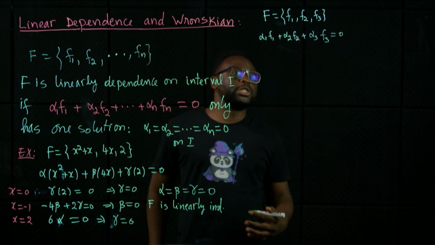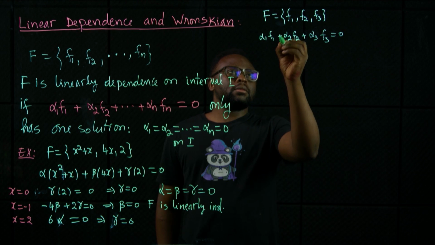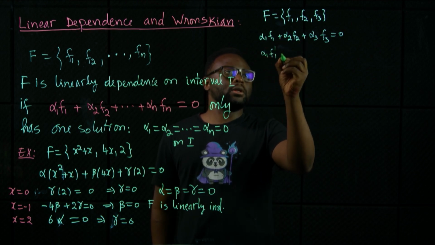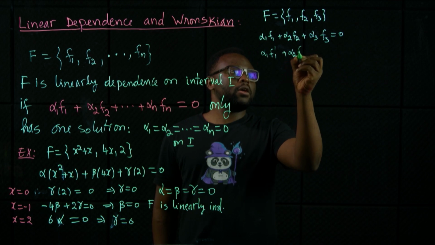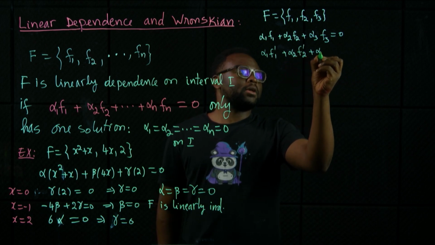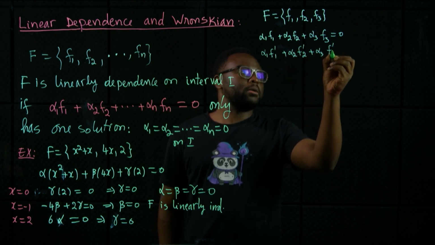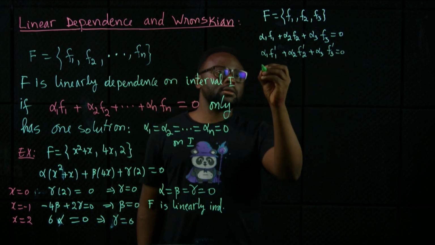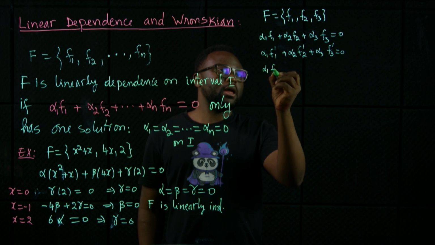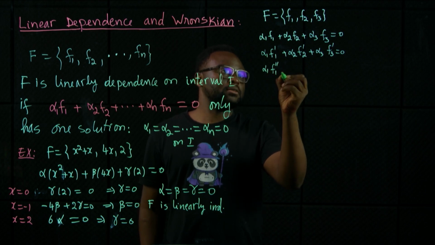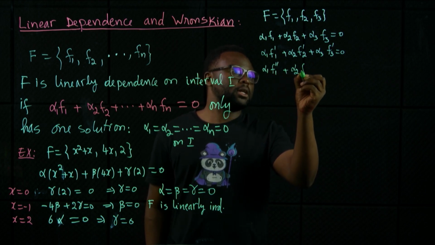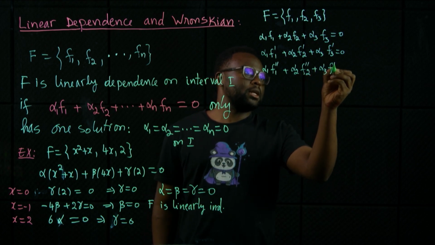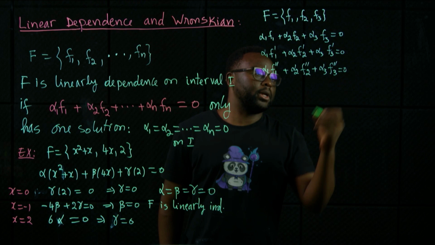So if you differentiate these functions, this will give alpha 1 f prime 1 plus alpha 2 f prime 2 plus alpha 3 f prime 3 is equal to 0. If we differentiate again, we obtain alpha 1 second derivative of f1 plus alpha 2 second derivative of f2 plus alpha 3 second derivative of f3.